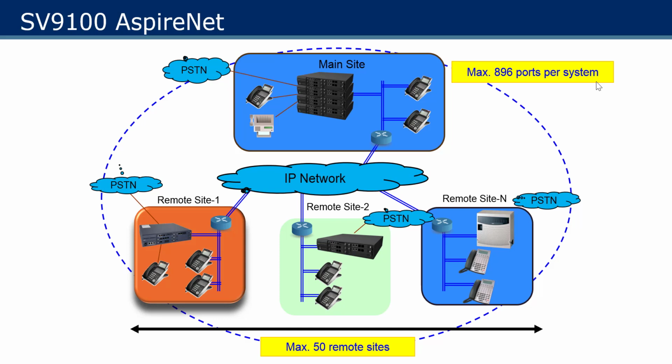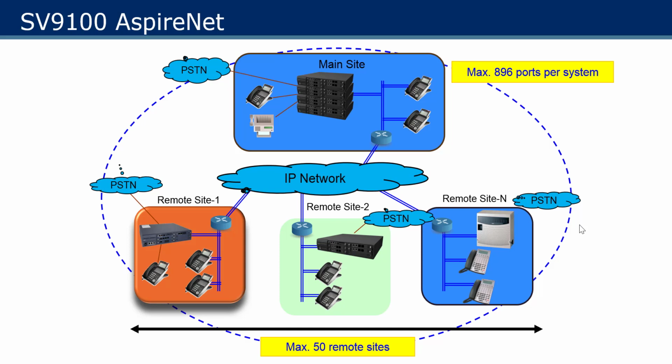Now, how AspireNet works is that you will need 2 licenses to set up a speech path between one site and another. So if remote site 1 wants to call the main site, the main site will need an AspireNet license, and so would the remote site. If the main site wanted to talk to a remote site, they would need a license on each.